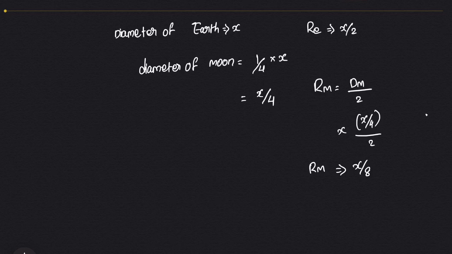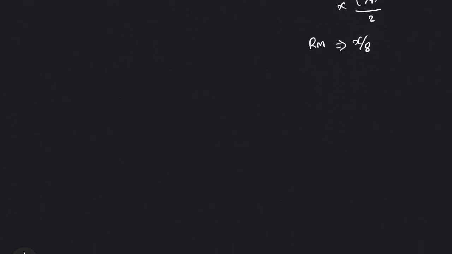Then we need to find the ratio of the volume of moon and the volume of earth. Very simple. Volume formula is 4 by 3 pi r cube. So just replacing the values.